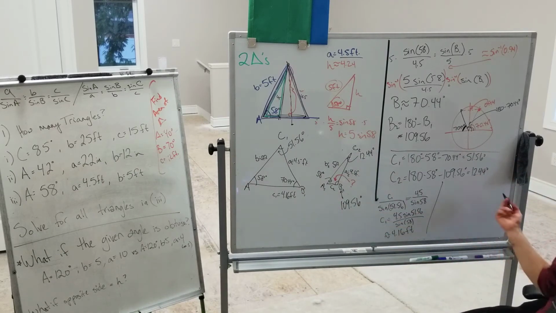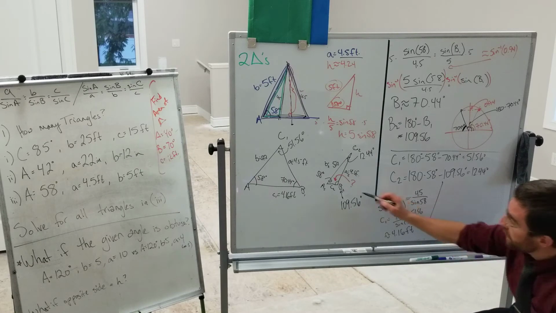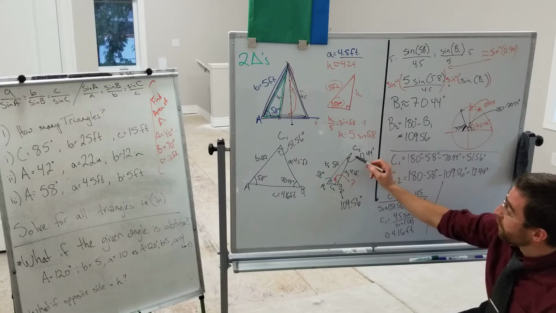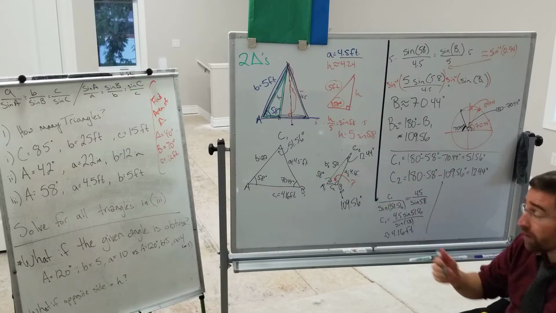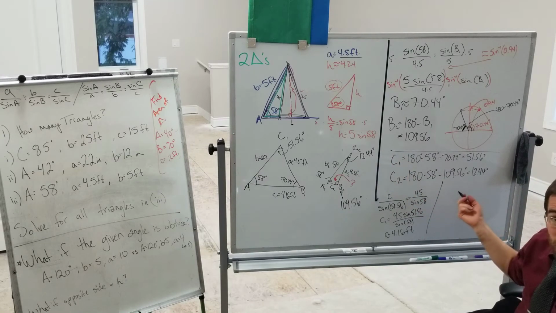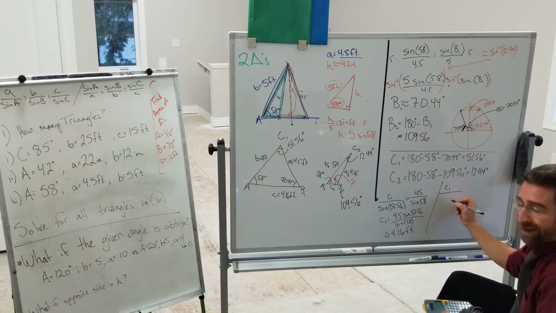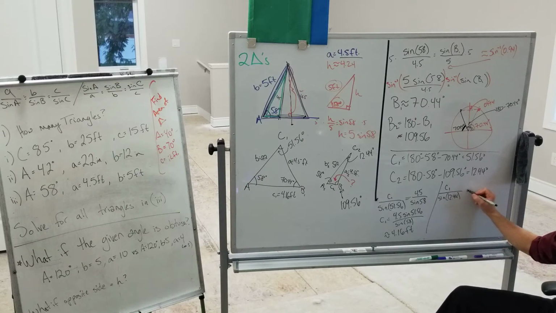All right, to find c sub 2, we're going to do the exact same thing, but instead of this angle, 51.56 for C, we're going to use 12.44 for our angle for C. And we should get a number that's smaller because this angle is smaller. So, same exact setup: sine of 12.44 over c sub 2 equals sine of 58 over 4.5.